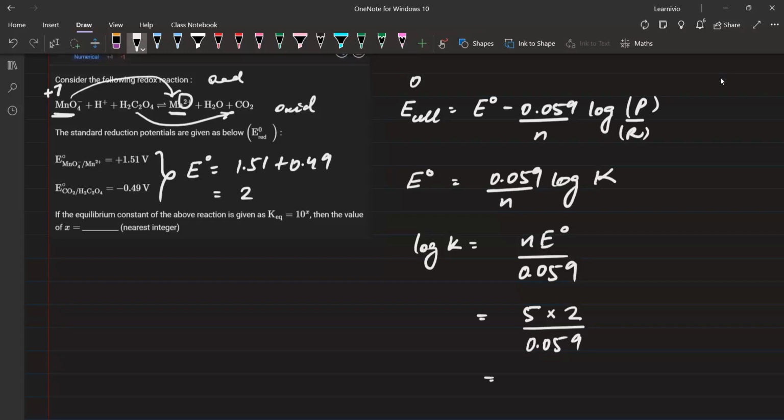So this will be 5 times 2 upon 0.059. Approximately, if I take 0.06, 169 is coming as the answer, 169.4.